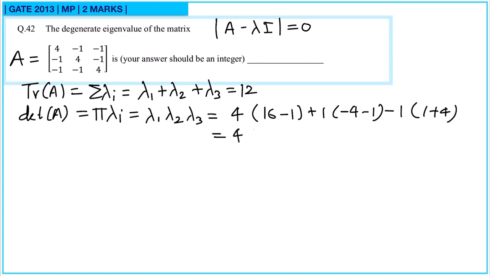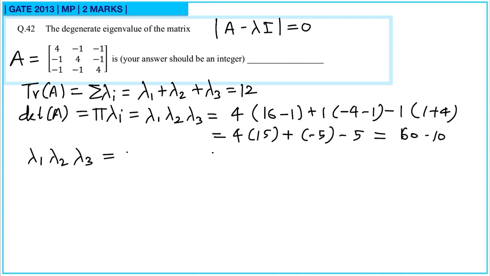So that is 4 into 15 minus 5 minus 5. That is 60 minus 10, that is 50. So lambda 1, lambda 2, lambda 3 is equal to 50, and their addition is 12. So we have to find those numbers.